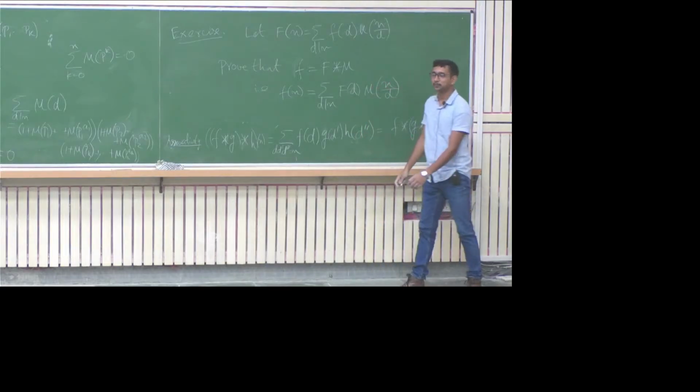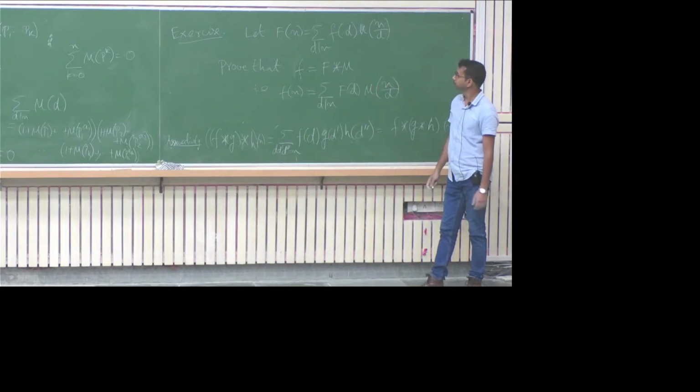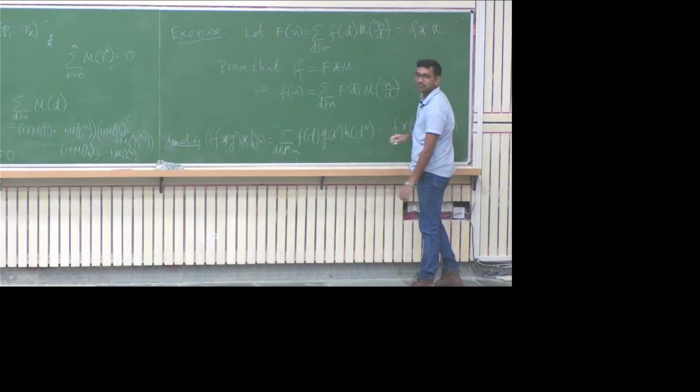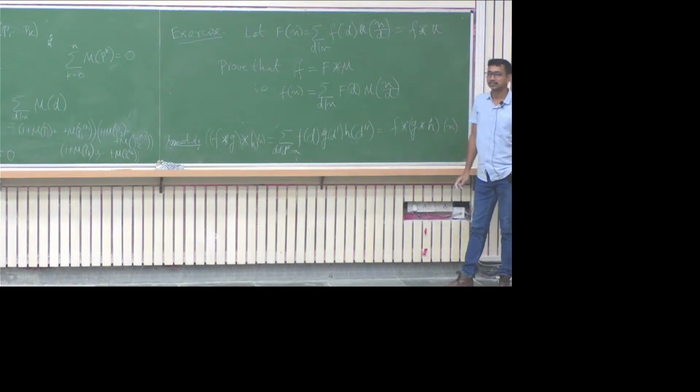So it becomes f star u. Right? So if we take u on the other side, then it gives f star mu.